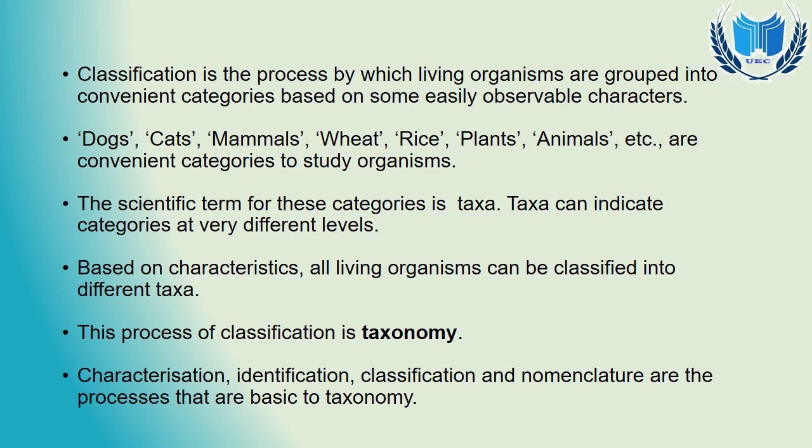The scientific term of these categories is called taxa, and taxa can indicate categories at very different levels. Based on the characteristics, all the living organisms can be classified into different taxa. The process of classification is called taxonomy. The characterization, identification, classification and nomenclature are the processes that are the base of taxonomy.